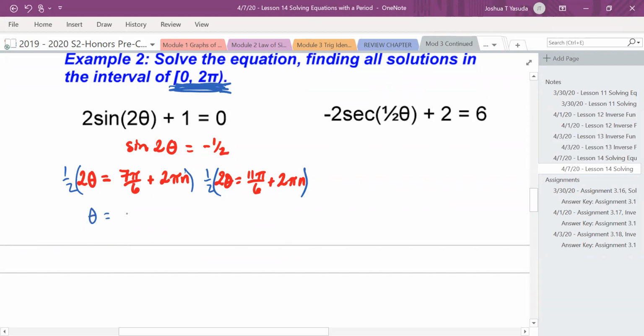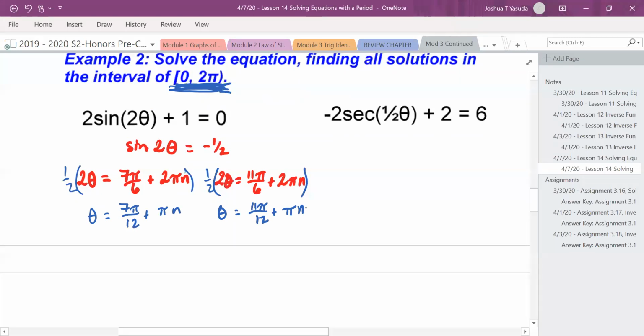Theta equals what? 7 pi over 12 plus pi n. And theta equals 11 pi over 12 plus pi n. Common error is people don't distribute correctly, and that causes everybody to have messed up answers. So make sure you distribute correctly, but if you distribute correctly, then, you know, life will be good.